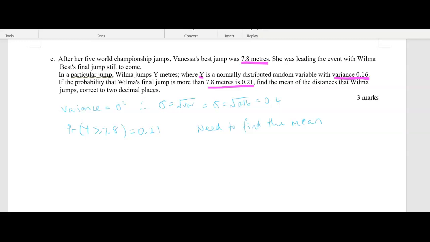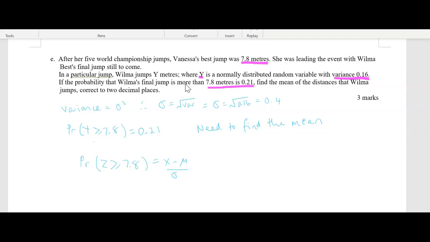All right, so we need to just use the understanding of the standard normal distribution. So if we're looking at the probability that Y is greater than 7.8, that means the probability of Z is greater than 7.8, which is equal to x minus the mean over the standard deviation.